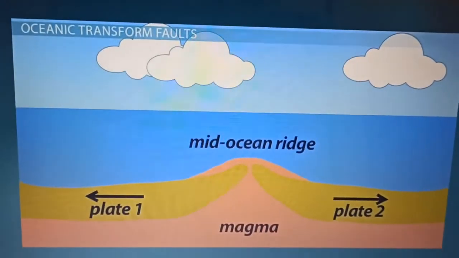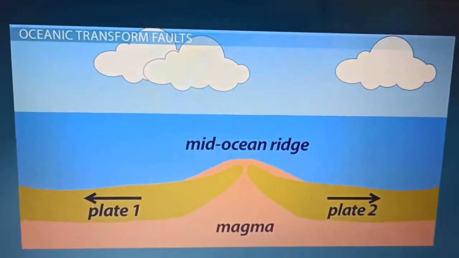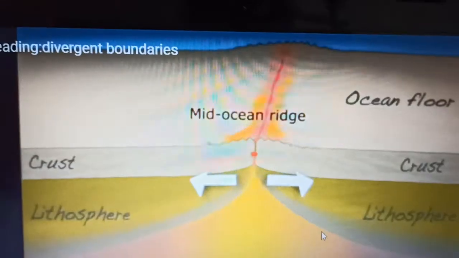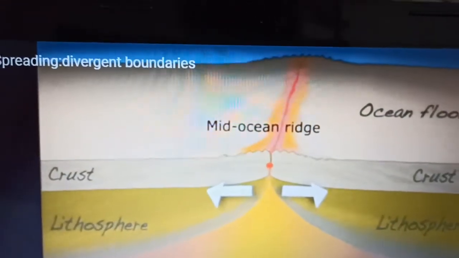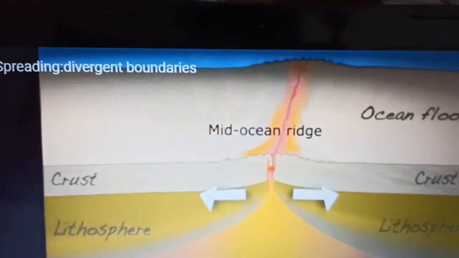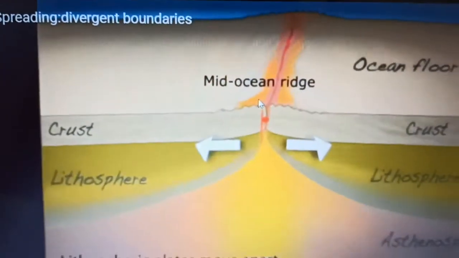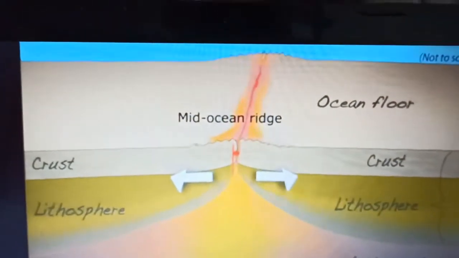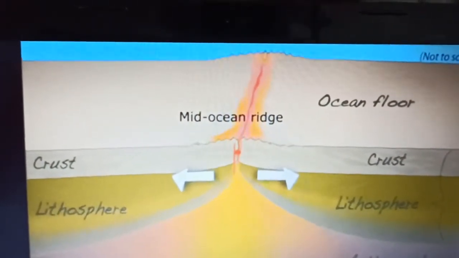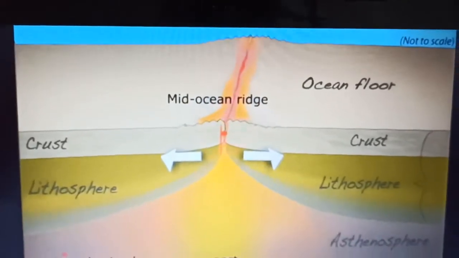Now I am going to show you an animated video based on this sea floor spreading. This video shows the lithospheric plates moving away due to the convection in the mantle and the asthenosphere region, and the slab pull at the distant margin of the plate.